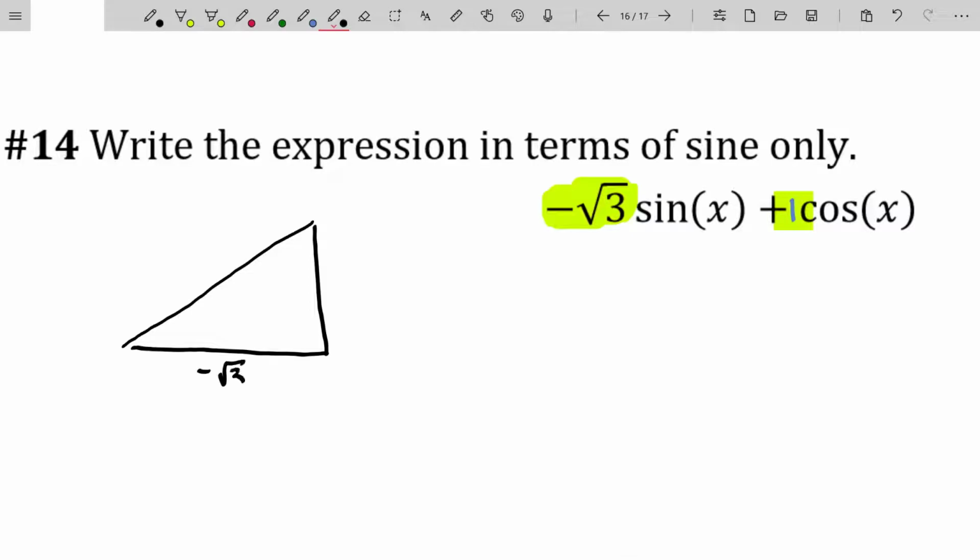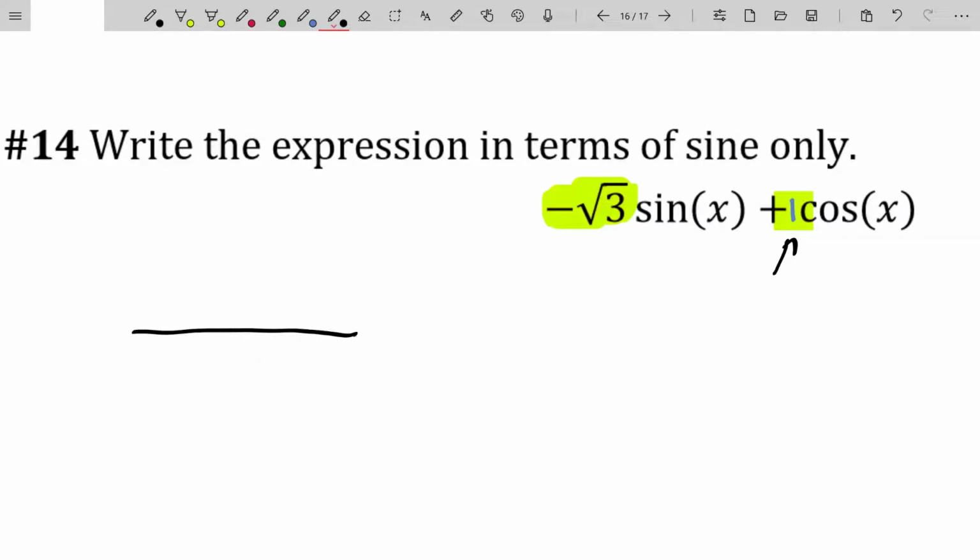Notice I'm writing a negative root 3, and the coefficient of the cosine will be the vertical side of the triangle. Notice that I'm writing the positive 1. Now, if you think about that, in truth, if you had a triangle on a Cartesian coordinate system where the horizontal side was negative, but the vertical side was positive, you would actually be drawing that in quadrant 2.